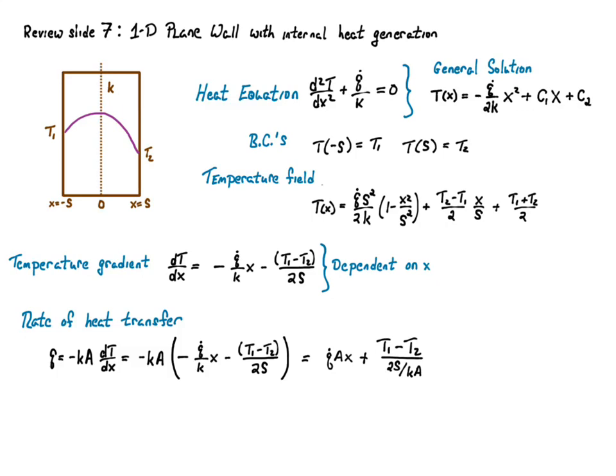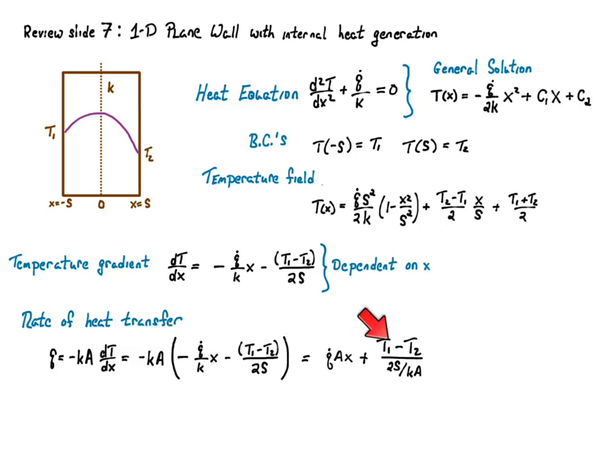Now, the rate of heat transfer is going to be given by taking the term that we have for the temperature gradient and substituting this back into Fourier's law. Again, in this case, we'll carry through our unknown area of the wall.